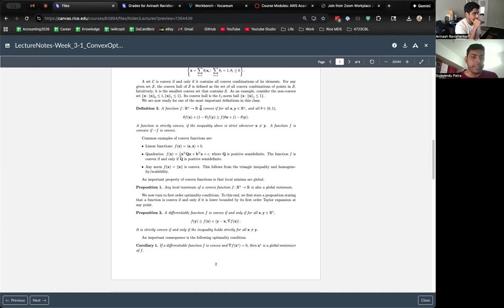So, for example, linear functions are convex. The quadratic functions are convex if the Q matrix is positive semi-definite. This is the most important fact for us. It is convex if and only if Q is positive semi-definite. Positive semi-definite means, number one, that all the eigenvalues are non-negative, and a less important fact is you can always take Q to be a symmetric matrix.